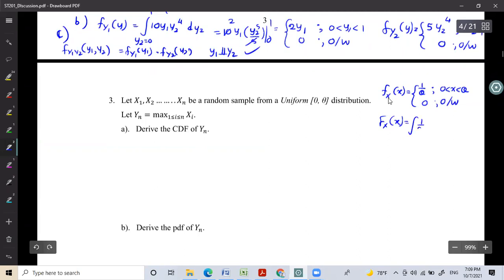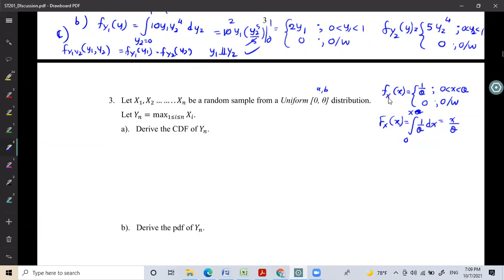You have to integrate 1 over theta dx from 0 to x, and you'll end up with x over theta. So the PDF and the CDF you have to find from the uniform density. Usually the PDF will be given for the uniform density for any a and b, and you can easily find the CDF by integrating from the lower limit up to x.